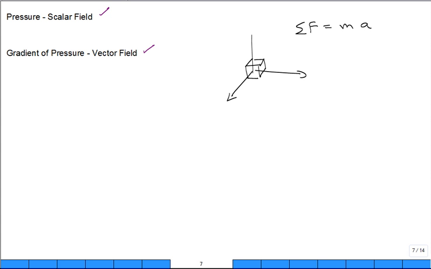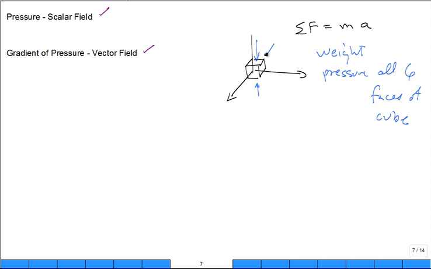What are the forces? I'll have the weight, and then I'll have the pressure on all 6 faces of the cube. And one thing about the pressure, on each face of the cube, it always pushes into the cube. The pressure is the surrounding fluid exerting a pressure on the system, which is the cube. From the bottom it pushes up, from the top it pushes down.